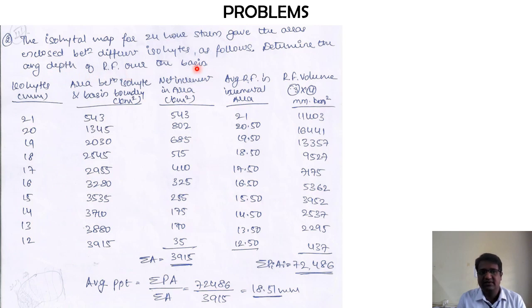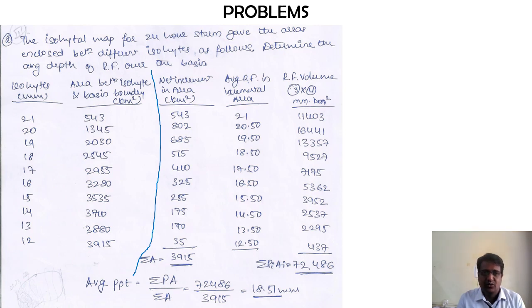What they have given is the isohyet map for a 24-hour storm, and the area enclosed between different isohyets, which is given in the first two columns. So your problem will be limited to the first two columns. Here also they are asking you to determine the average precipitation.